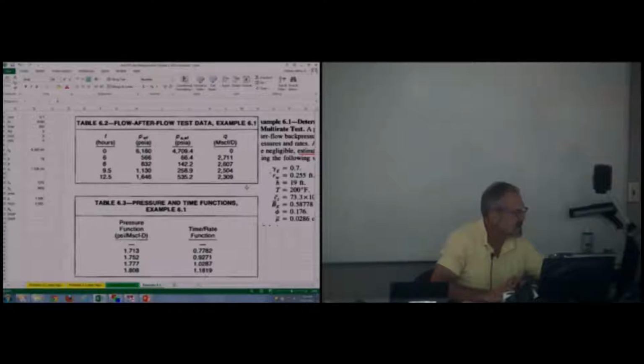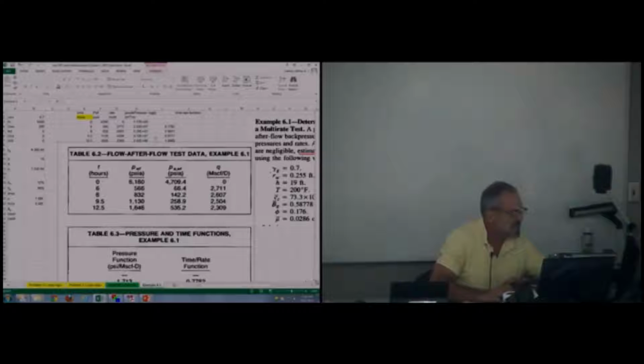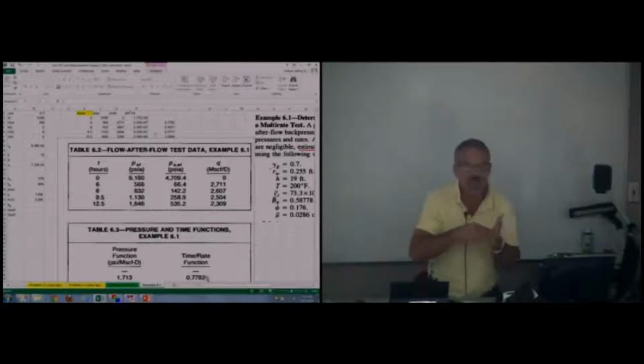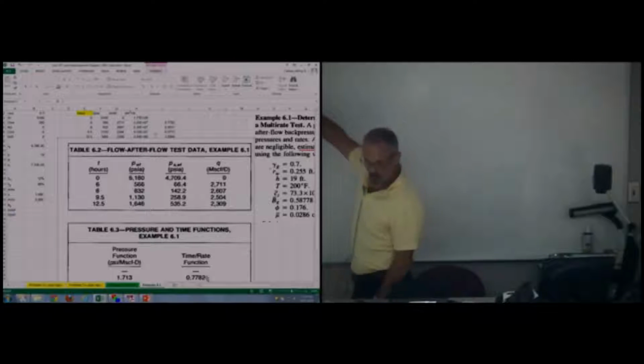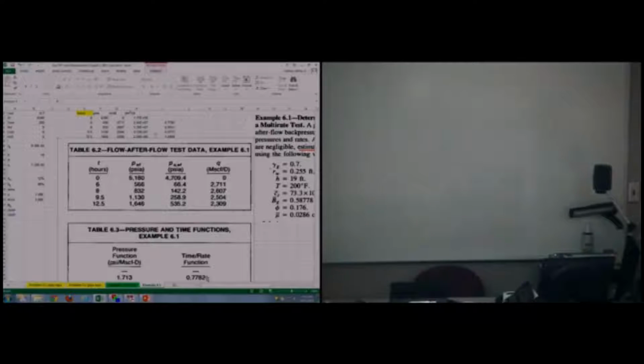I can't move this around. Time rate function starts at 0.77, ends at 1.2, 0.7. The first number is the same. 0.7782 is the same because there's only one number in that calculation. It's only when we have a rate change do we have two calculations. So this 0.7782 is exactly the same as this 0.7782.